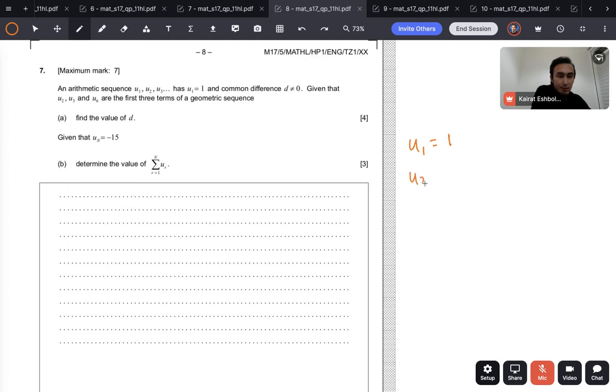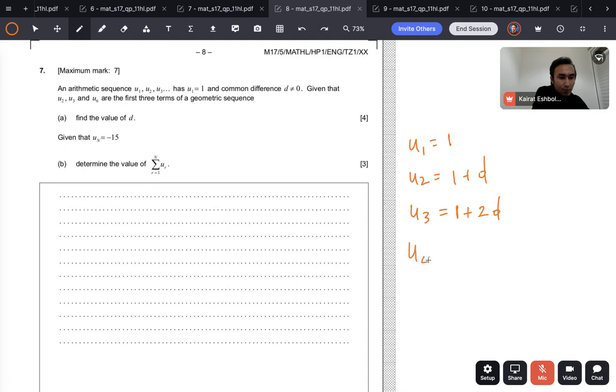What's the u2 then? To go from u1 to u2, we just add d, so it's 1 plus d, okay? What about u3? To go from u2 to u3, just plus d, right? But we know that this is already 1 plus d, so it's going to be 1 plus 2d.